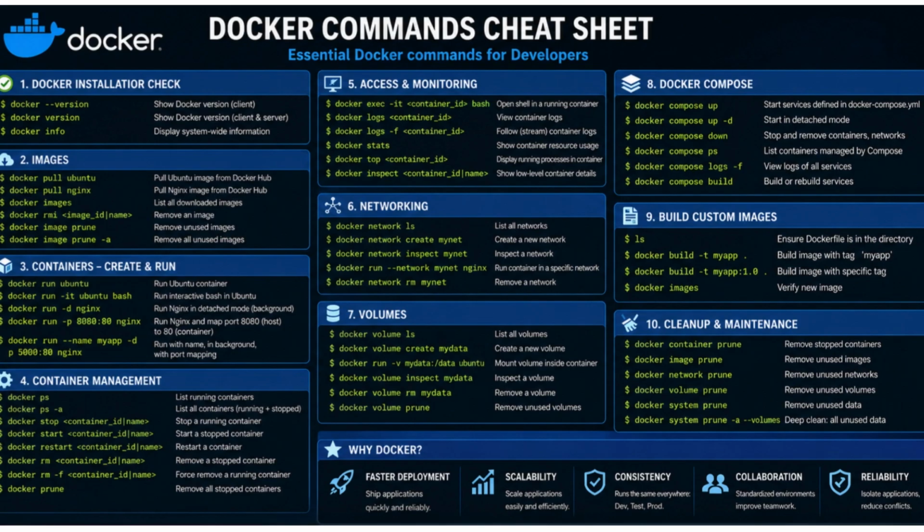Developers can build their own custom Docker images using a Dockerfile and the docker build -t myapp command. Cleanup operations are handled through commands like docker image prune and docker system prune, which help remove unused images, containers, and system resources. Overall, Docker improves deployment speed, scalability, consistency, collaboration, and reliability in modern software development workflows.